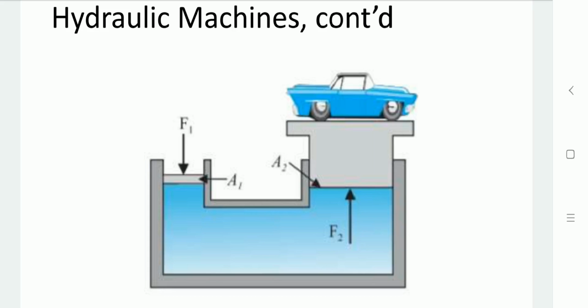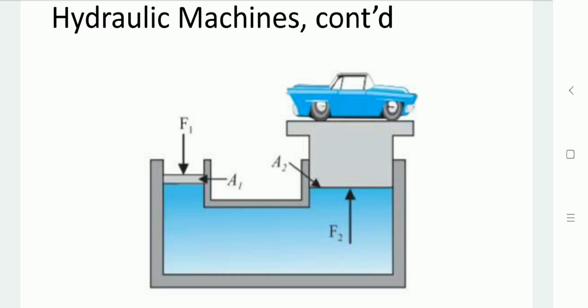So at area A2, the upward force will be generated. That force will be P into A2. So the piston is now capable of supporting a large force F2 that would be equal to P into A2. And the pressure generated by the first piston at area A1 is F1 by A1.